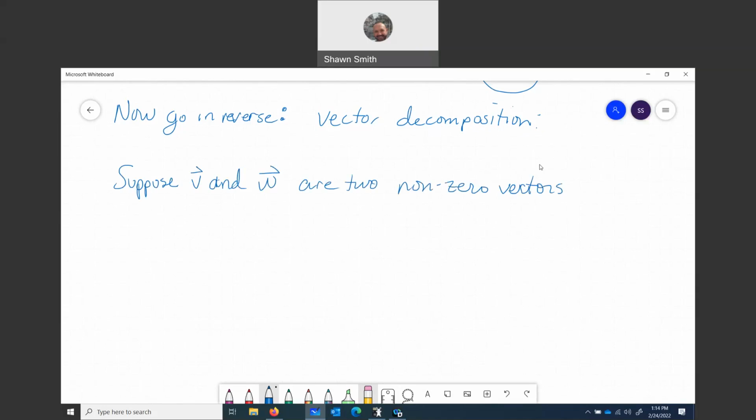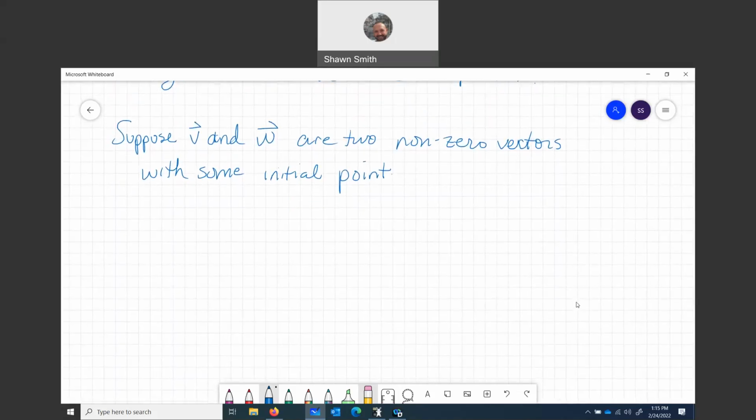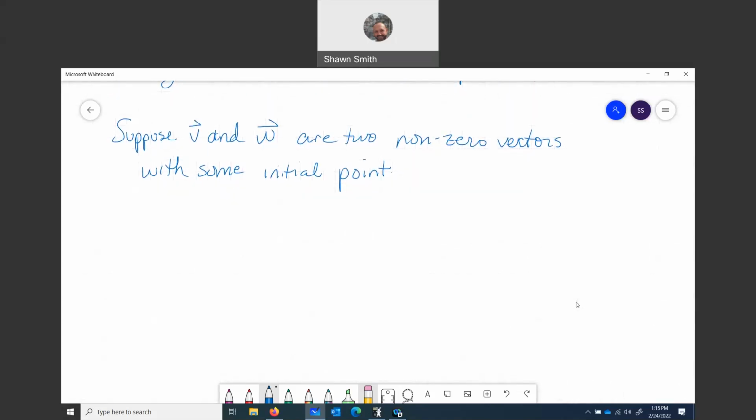So the vectors have magnitude and direction with some initial point. I'll try to draw this as best as I can. Let's say, so here is V. Let's put a different color for W.